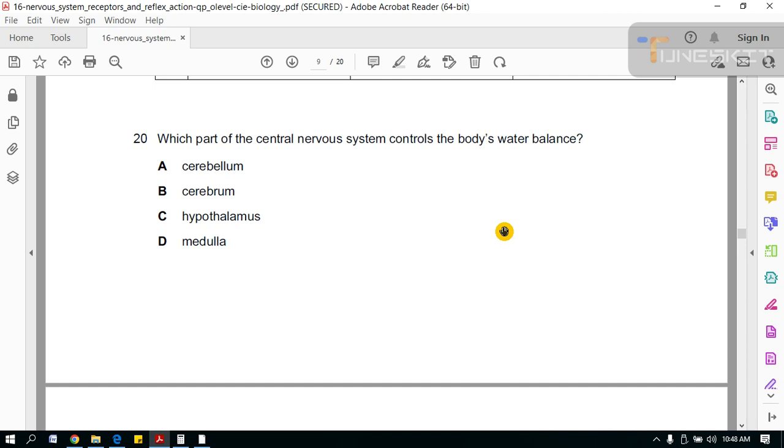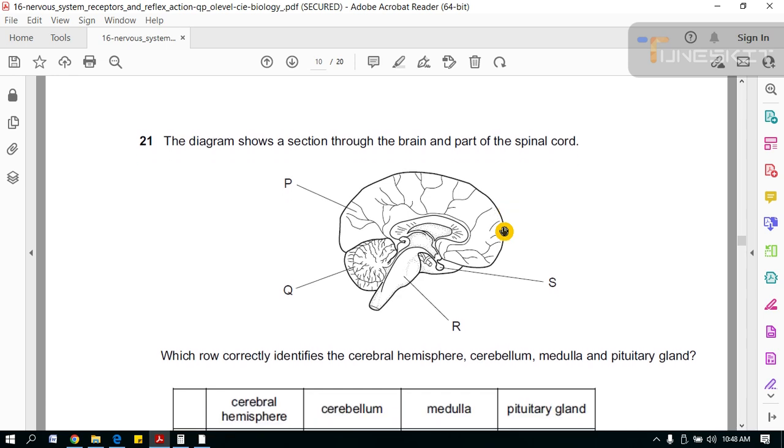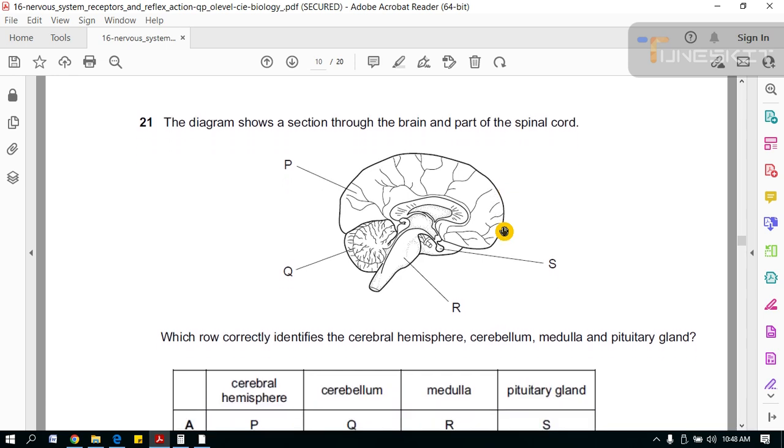The hypothalamus is the structure of the brain involved in controlling body temperature, sugar level, water level, and the rate of eating and drinking. All these are different functions of the hypothalamus. So, option C is correct in this case. Now, the diagram shows a section through the brain and part of the spinal cord.